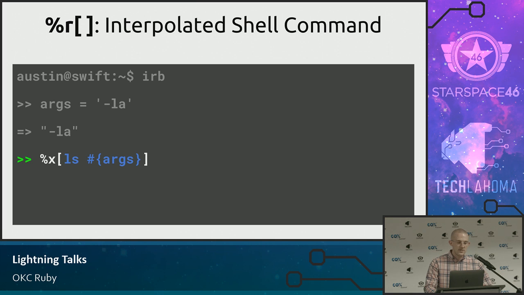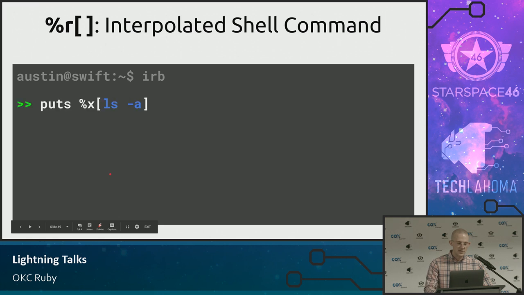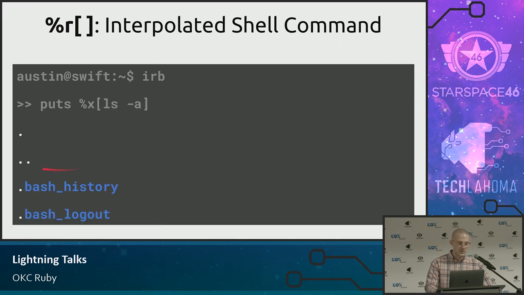Since it performs interpolation, I went ahead and declared -la to the variable args, and we're passing it into the percent notation, and we get back what you'd expect. You can see that it is newline delimited here. And so if you pass it into a puts statement, it goes ahead and gives you the natural layout that you'd expect within your command line.